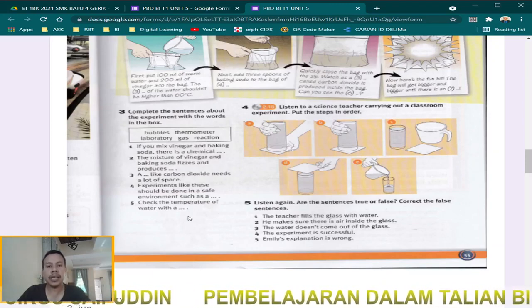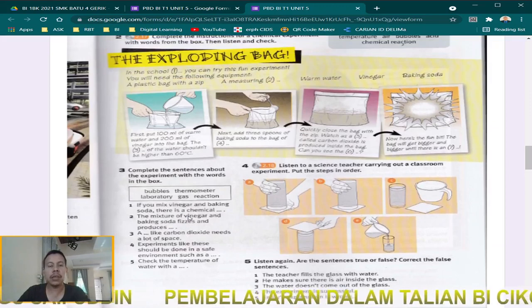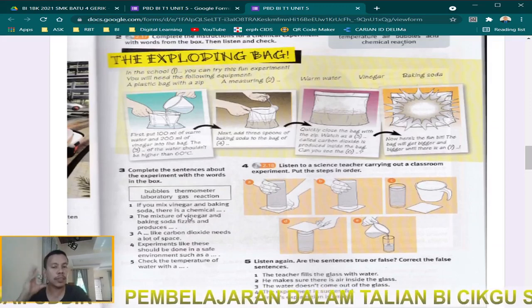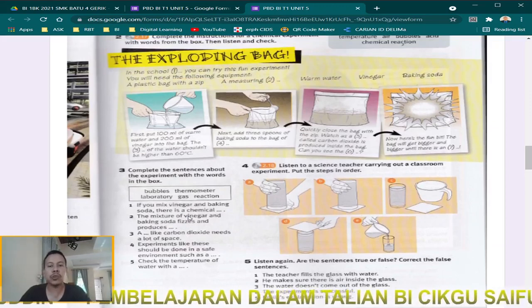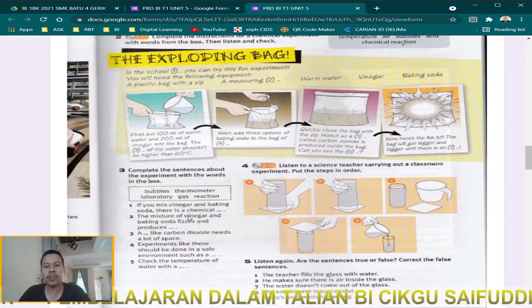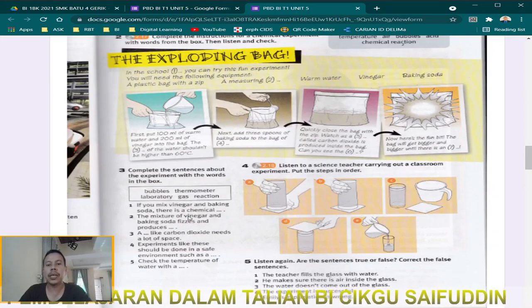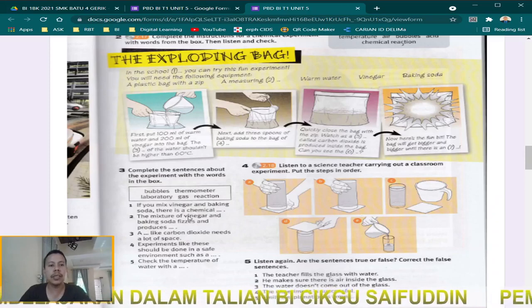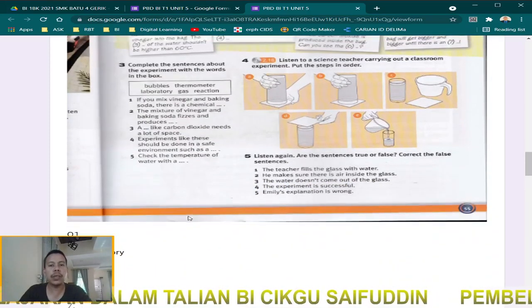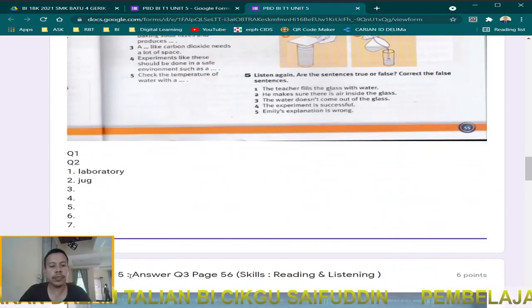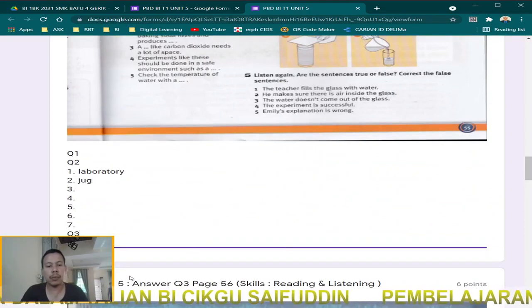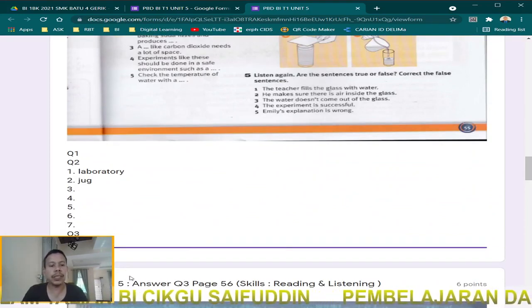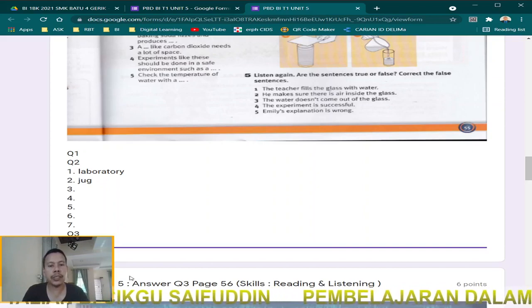So, anda boleh main semula video ini, dengar balik semula apakah jawapan untuk soalan 1. So, I give you the answer for question 3. Number 1 should be chemical reaction.